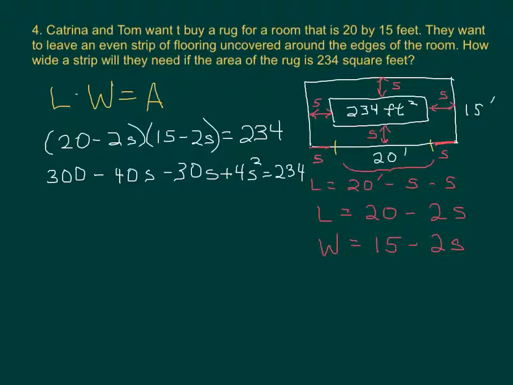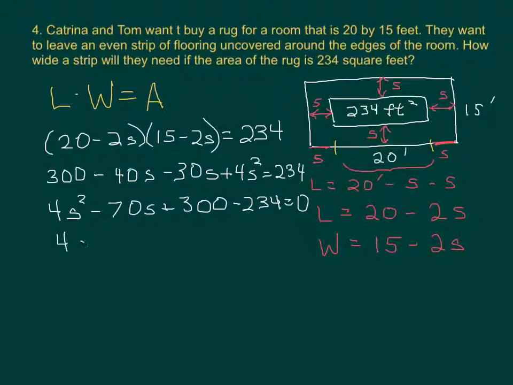Okay, let's combine like terms and put the left side in descending power order. So we have 4S squared minus 70S plus 300. That's the left side of the equation. The right side of the equation is 234. Let's bring that over by subtracting 234 from both sides so that we have an equation that equals 0.